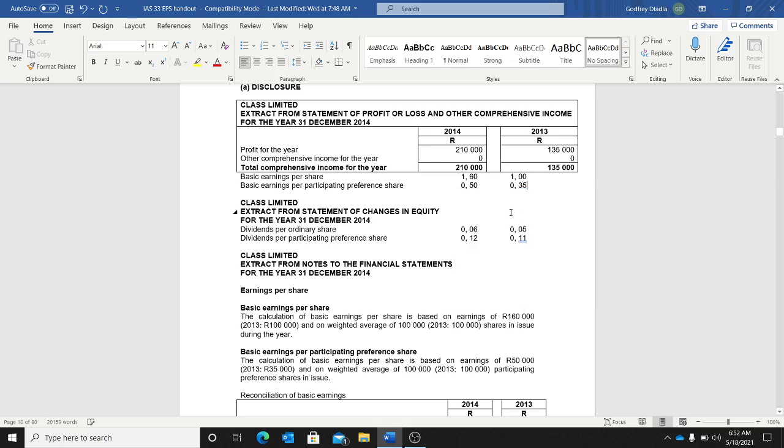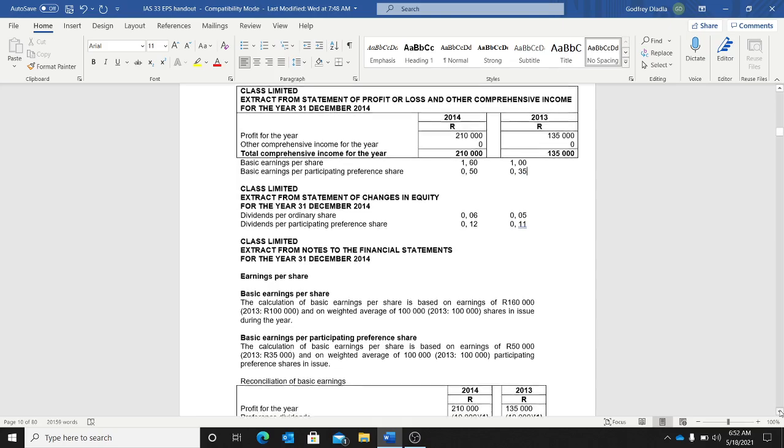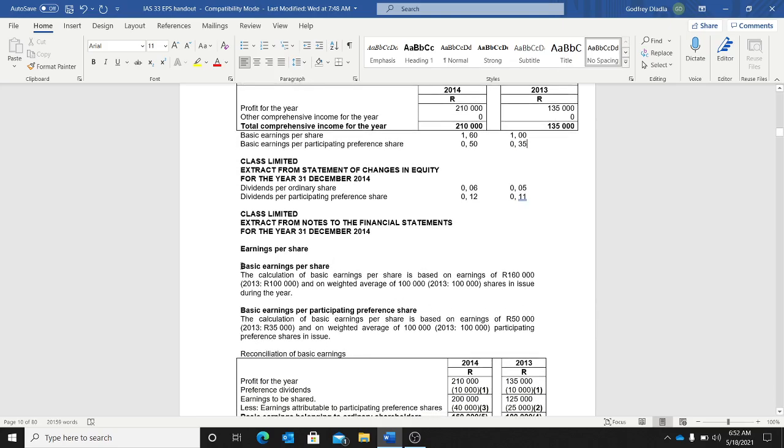Right. So now, then we come to this part here. You must explain to us how you calculated basic earnings. It is based on the earnings of 160. Last year it was 100, and the weighted average number of shares of 100. Last year it was still 100 shares in issue. In this case, there are no shares issued for free.